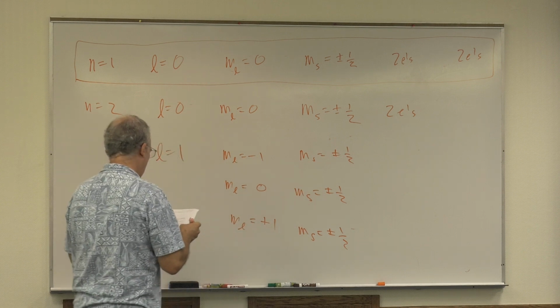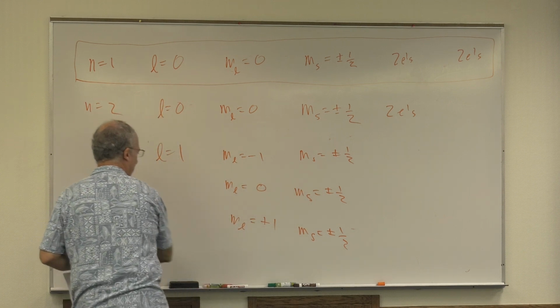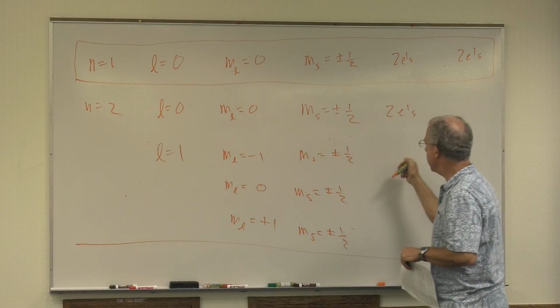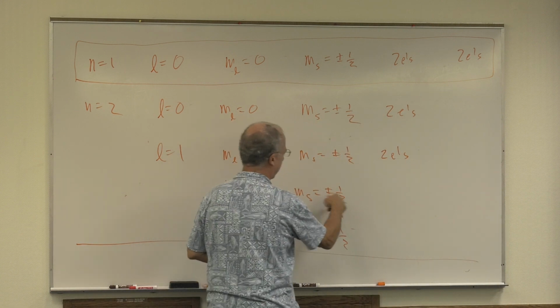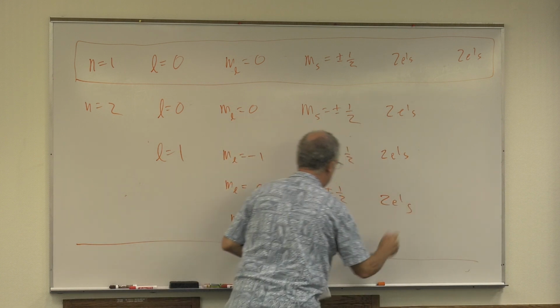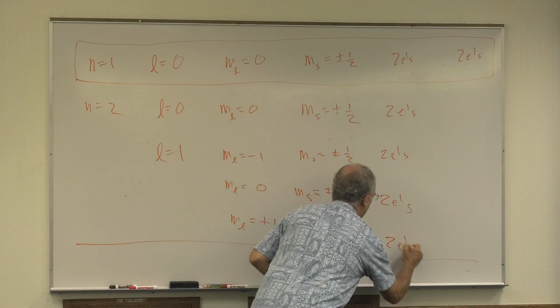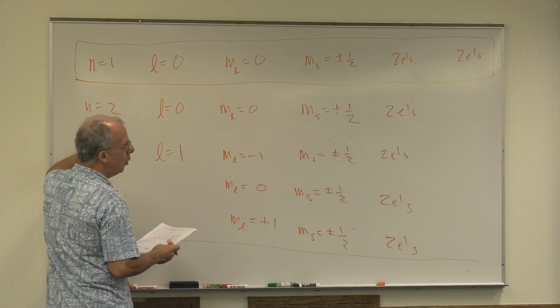So here we have 2 electrons, and here we have 6 electrons. So how many do we have in n equals 2?